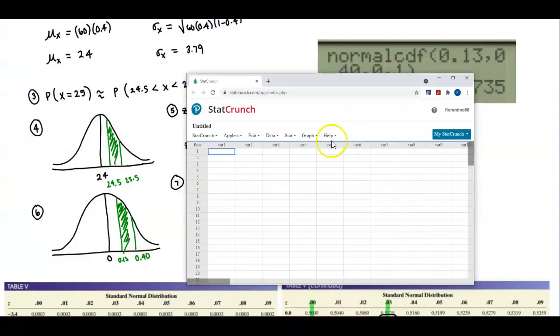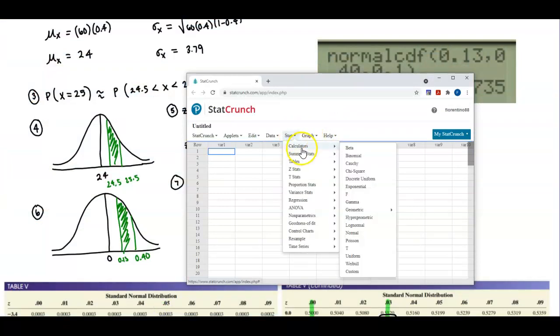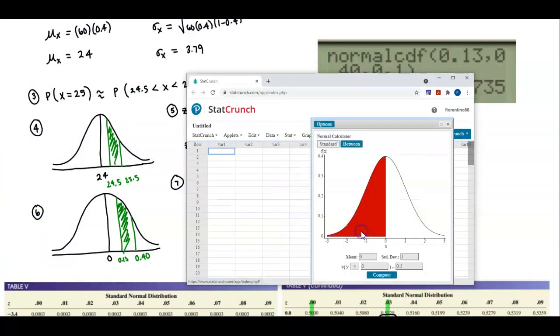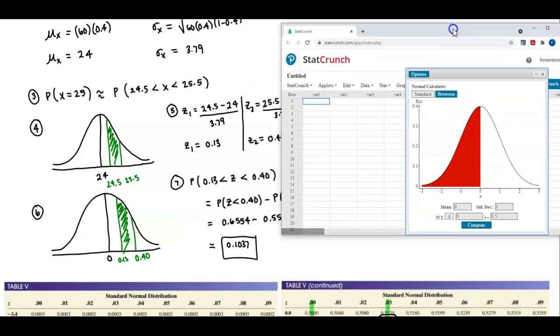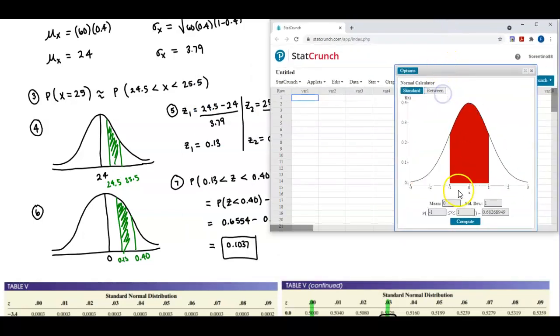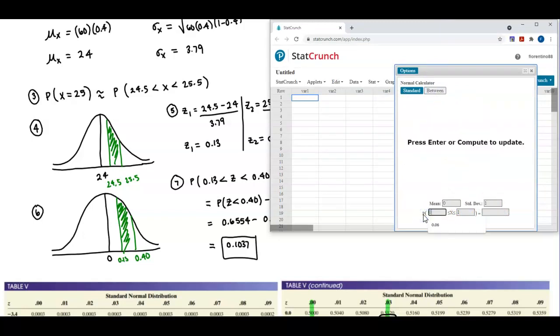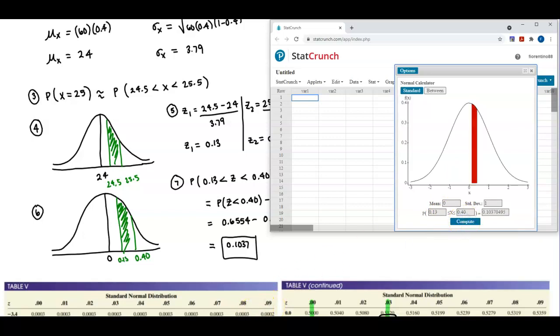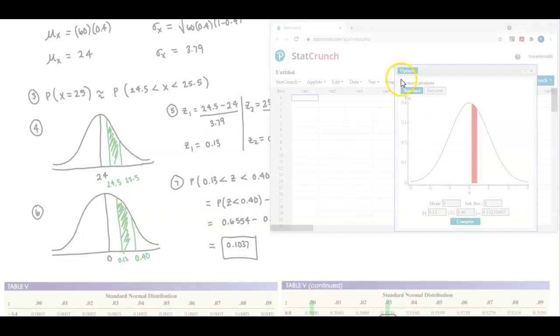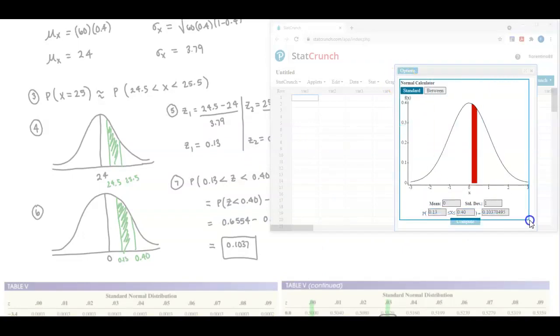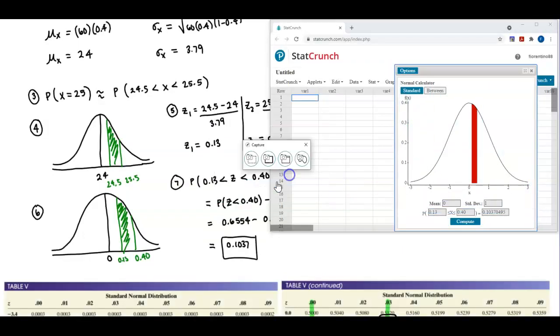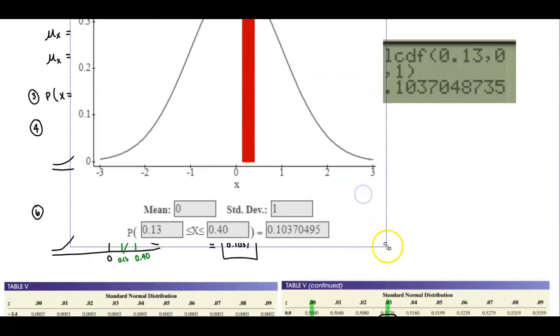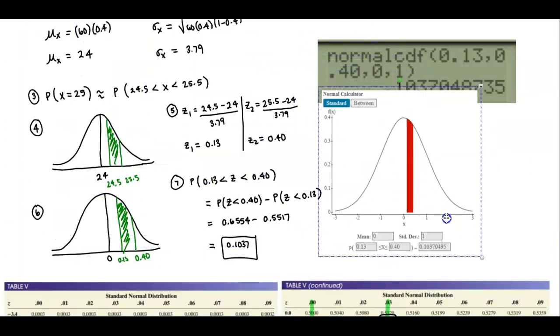And if we wanted to use StatCrunch, we use the calculator option and go to normal distribution. We know the mean is 0, the standard deviation is 1, and it's in between 0.13 and 0.40. Then we select compute, and we should get the same area and the same graph. So there is our graph using StatCrunch.